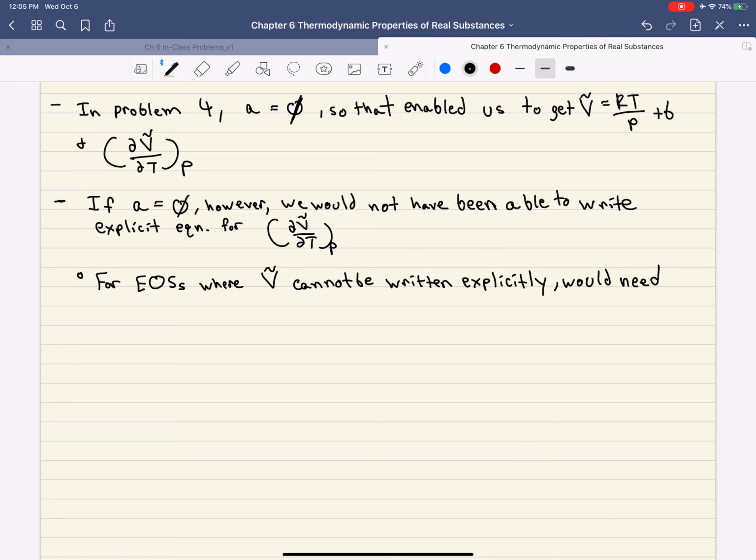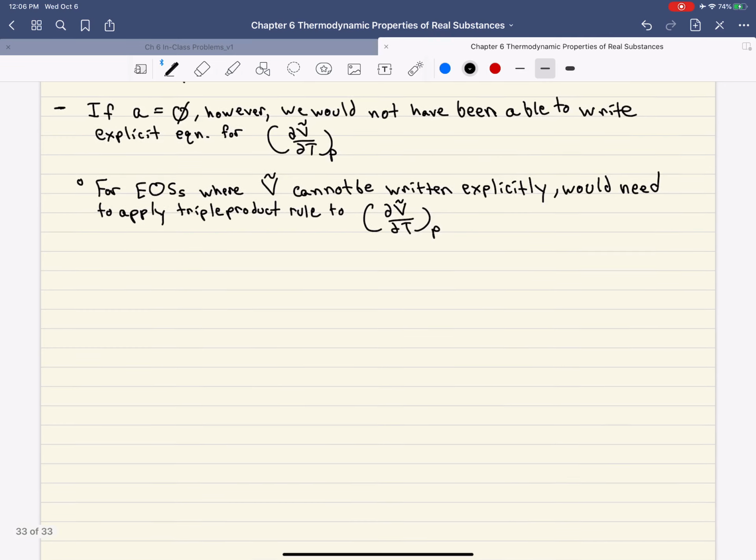So you would have to apply an extra triple product rule to rewrite your equation as the ratio of partial derivatives of pressure. All right. So you'll get practice doing that later.